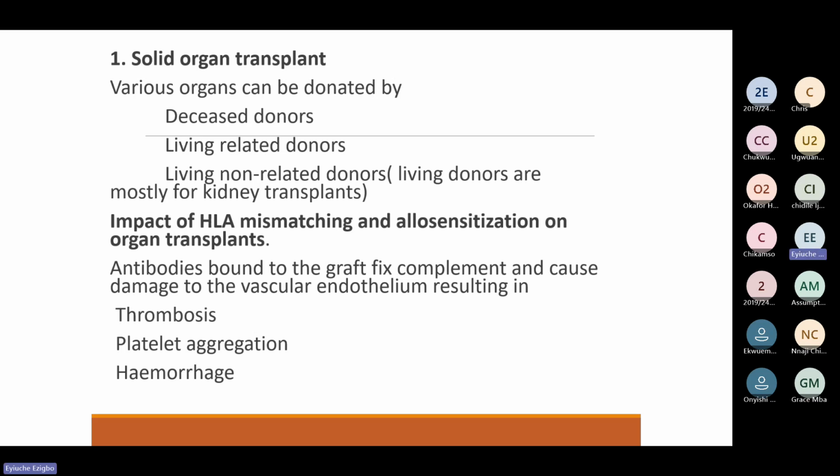We did that very well in our fourth year. We have thrombosis, platelet aggregation, and hemorrhage. All this process will cut off the transplanted organ from getting its supply of blood. By denying the supply of blood, of course, the oxygen and the nutrients are also denied to this organ, and it eventually dies off.